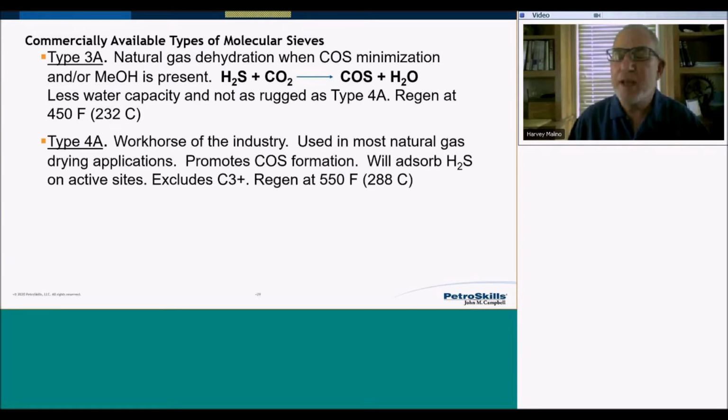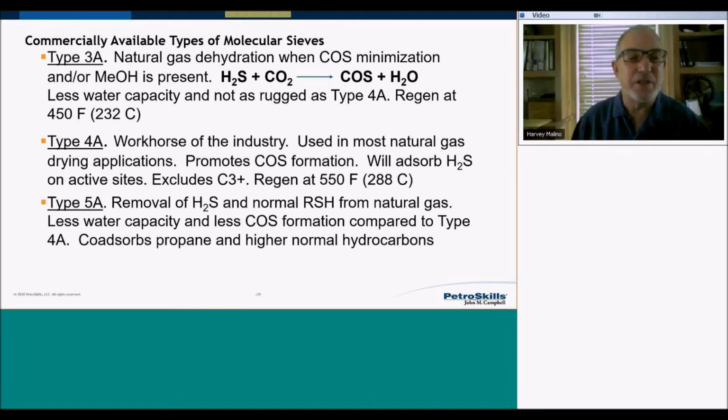Type 4A, that's the workhorse of the industry. You're going to see this in the majority of natural gas drying applications. You will get more carbonyl sulfide formation. You will adsorb H2S on the active sites. It excludes propane and higher hydrocarbons, and you regenerate it generally at higher temperatures. Type 5A finds itself when you're trying to remove trace amounts of H2S and normal mercaptans from the natural gas.